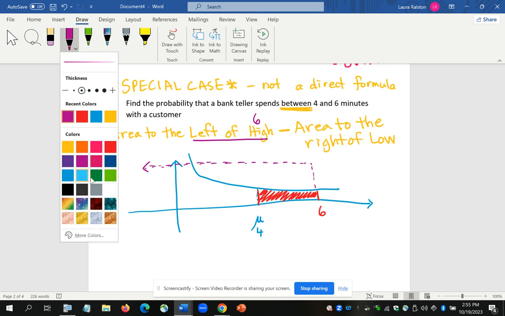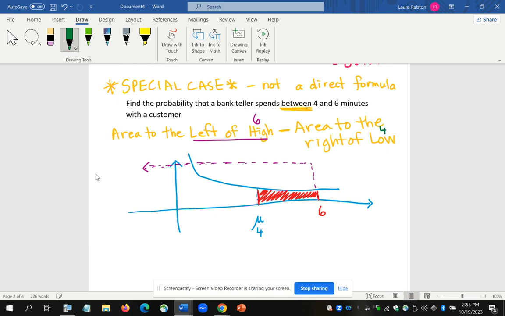If I then calculate the area to the right of 4, that represents this region.